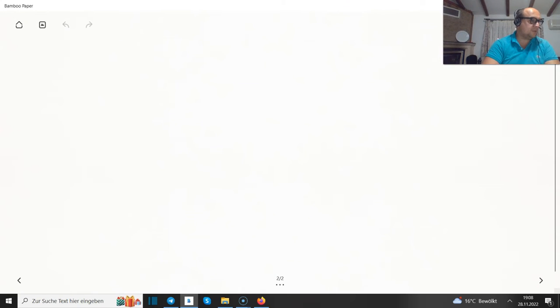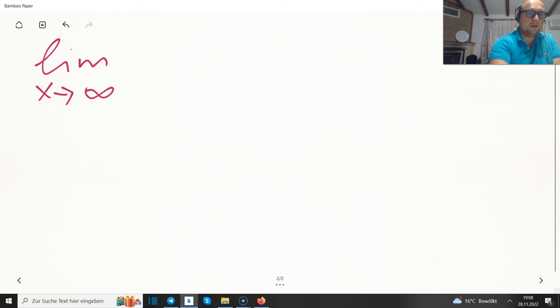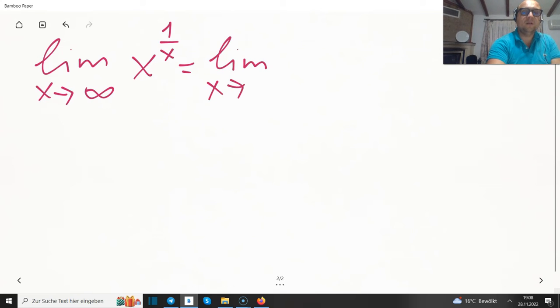Okay, next one. Let's consider the limit as x tends to plus infinity of x to the power of 1 divided by x. Once again, kind of the same trick. We are going to rewrite it as e to the power of ln of x to the power of 1 divided by x.